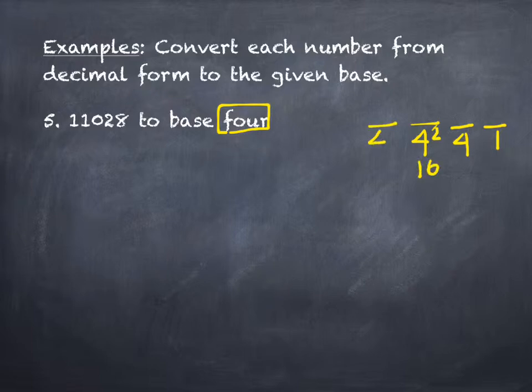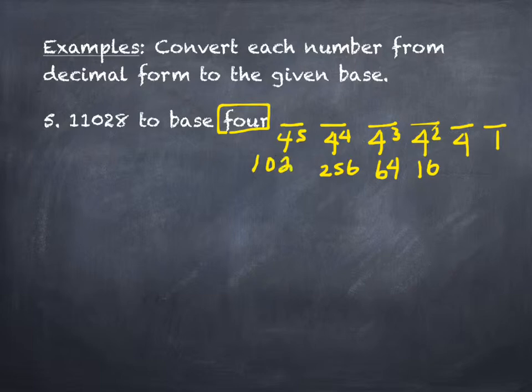I know I could do 4 cubed. What is 4 cubed? That is 64. What is 4 to the 4th? 256. I'm running out of space. Let's see if one more is enough. What's 4 to the 5th? 1024. All right. Yep, I'm out of space. Let me see if I can move this down just a second.